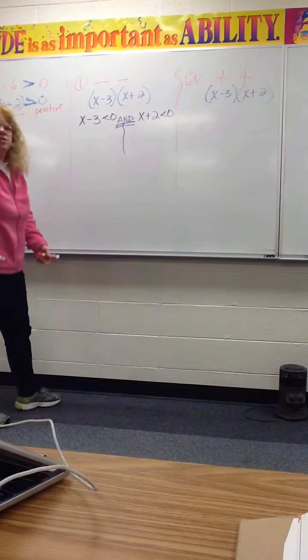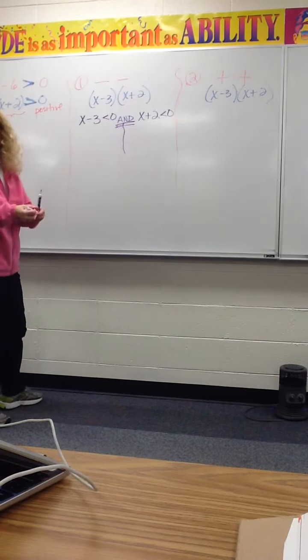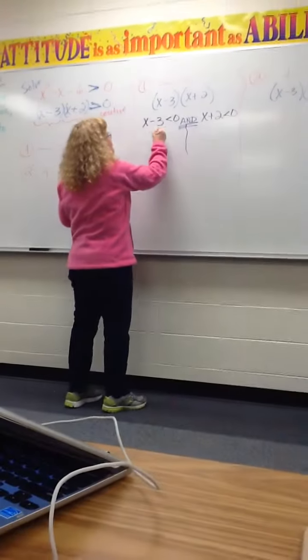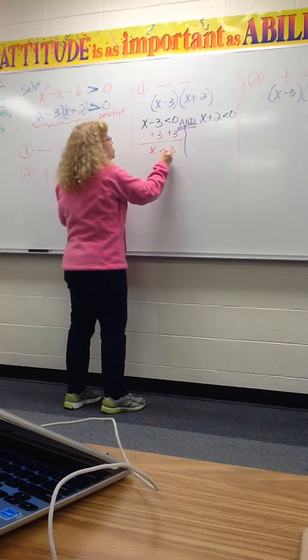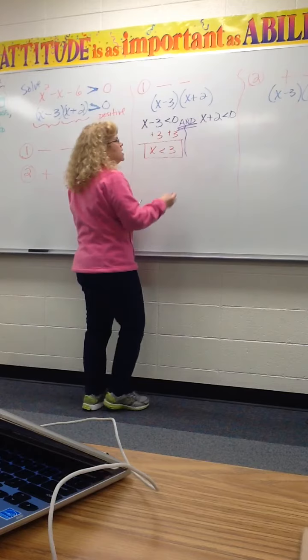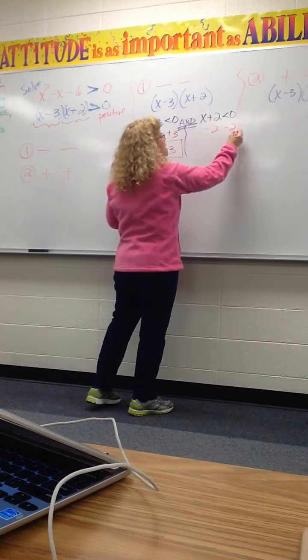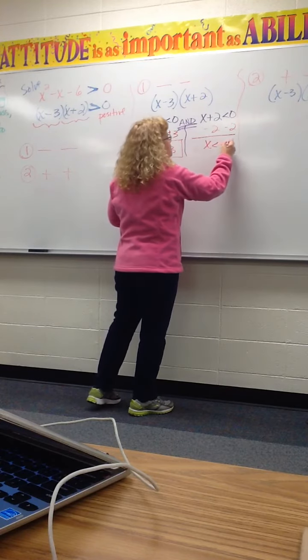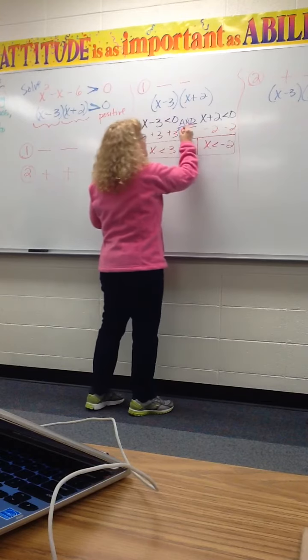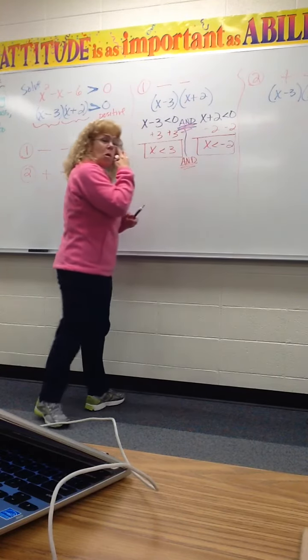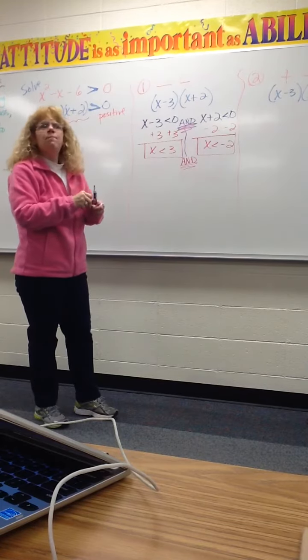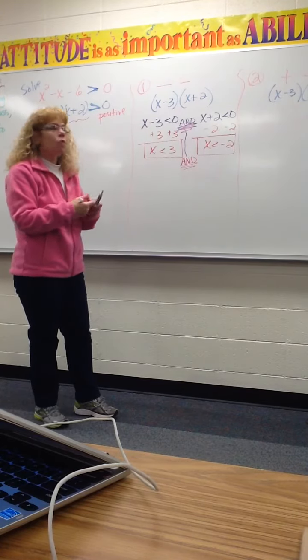And we're going to work those out just like we did before, right? You're going to add 3, add 3. This looks like red. So there's one possibility, x less than 3. The other possibility, x less than negative 2. And it's an and. Do you remember what you have to have with an and? They both have to be true, right?